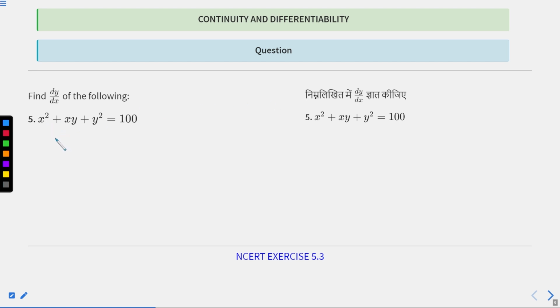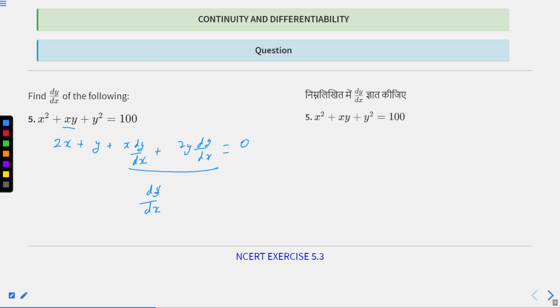First of all we will operate, and I am just directly writing. Here we will be using the product rule, which gives 2x plus y plus x dy over dx plus 2y dy over dx equals 0. Now take dy over dx common.